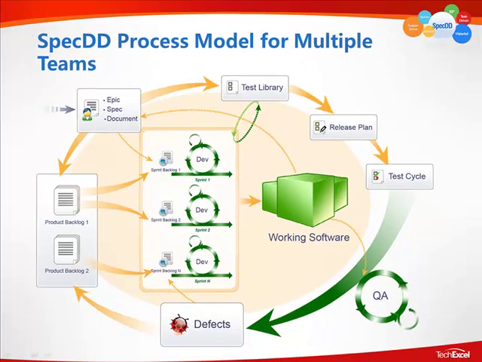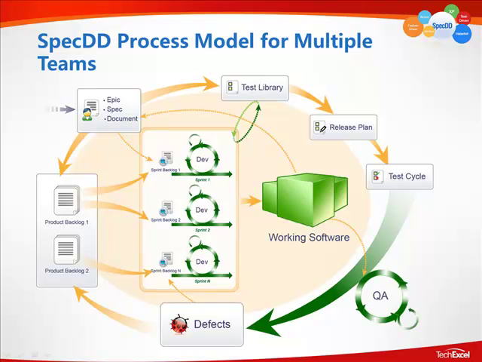Okay, so you might have your one product backlog populating the sprint backlogs for your Dev 1 team and your Dev 2 team, and then your product backlog 2 populates the sprint backlog and your development team for the third group of people.